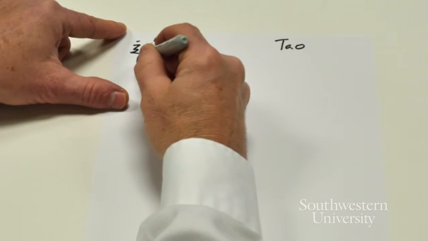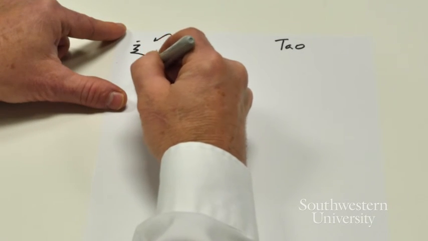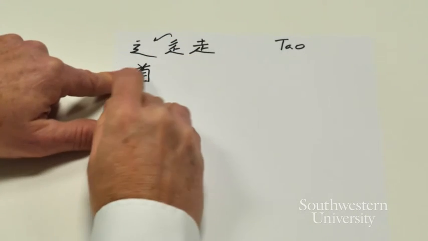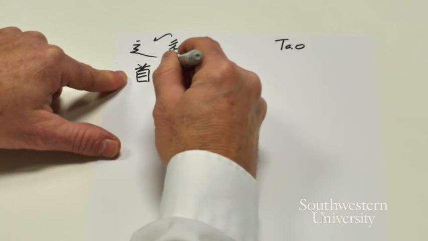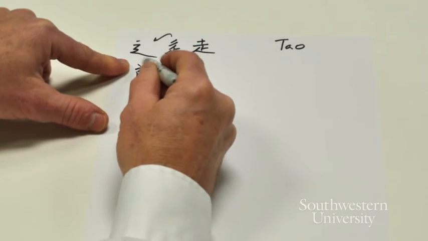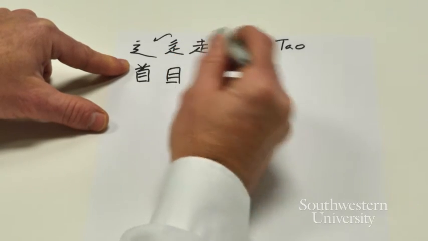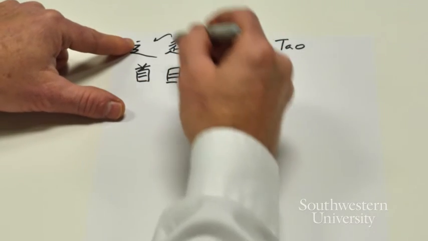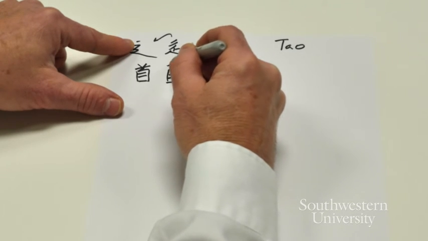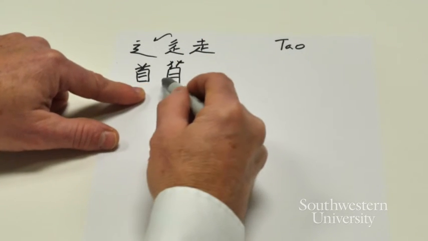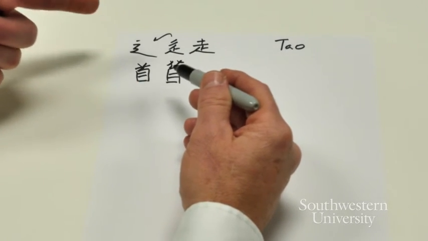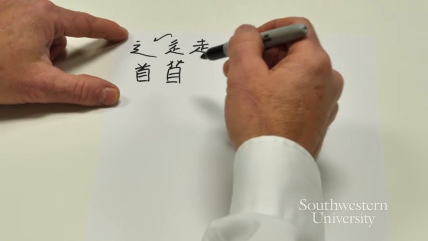The other component is a depiction of a head. So you've got the eye, someone's eye, meaning a person, with a headdress, like a medicine man or a shaman wearing some kind of antlers or headdress to do some action.